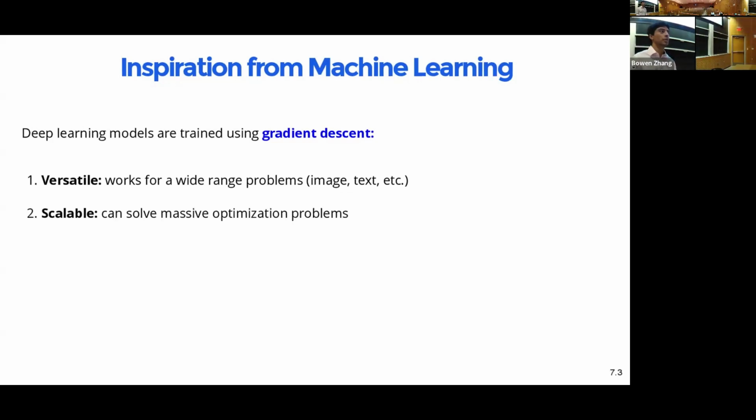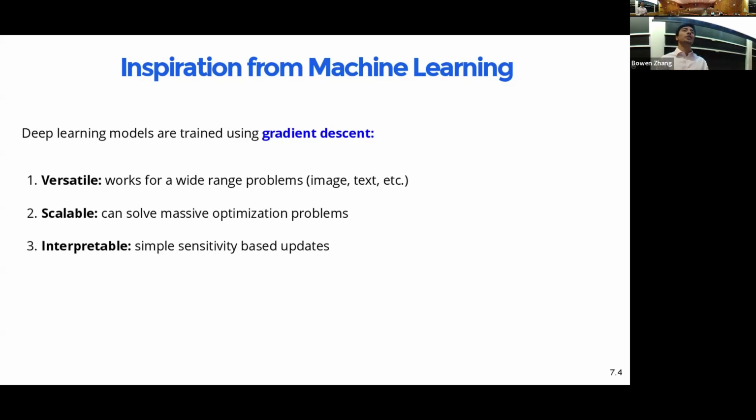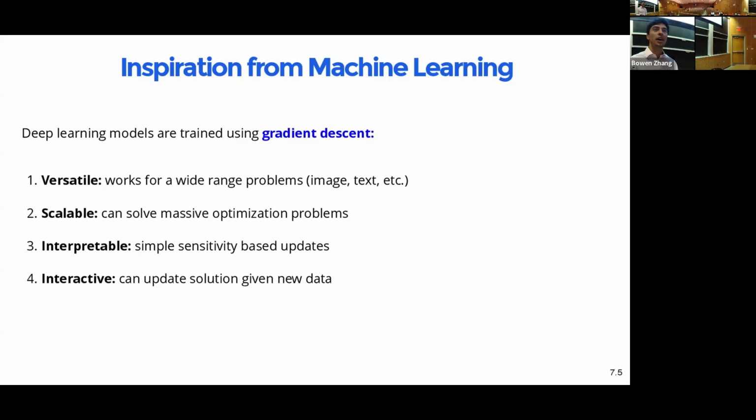It's very scalable, as evidenced by the huge models that are being trained today. Although machine learning itself is often not very interpretable, the gradient descent algorithm is. It's simply a repeated sensitivity-based update. And finally, you can tweak the solution given new data, because gradient descent is really amenable to warm starting.